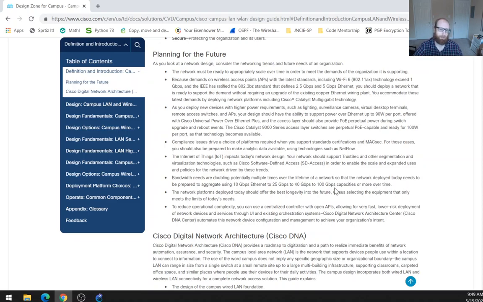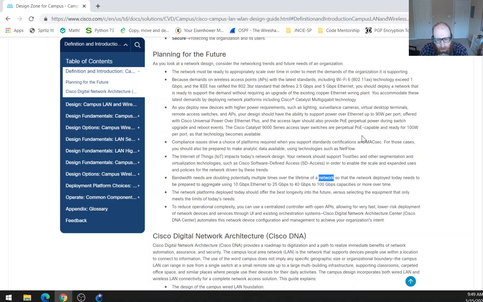I guess I'm a little bit skeptical of that because I just want to see how they determined this and how long the lifetime of a network is and what they consider an actual network, because a lot of networks, you're swapping out routers and switches when you need to double the bandwidth needs and all that.